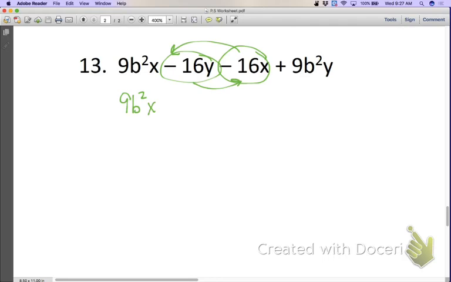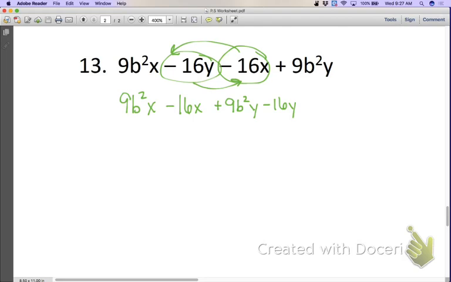squared x minus 16x. Now, because it's 9b squared x, I'm going to go ahead and put it kind of in the same order because it's going to be a little bit easier to deal with, and go 9b squared y minus 16y. Do you understand why I put the 9b squared?